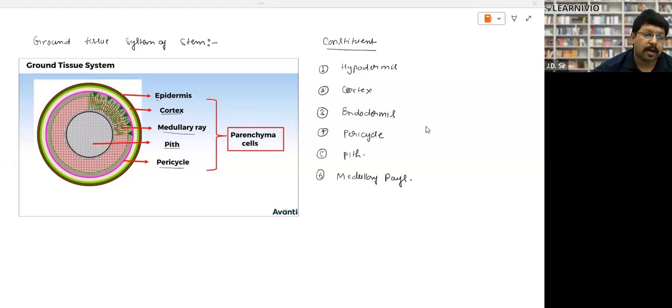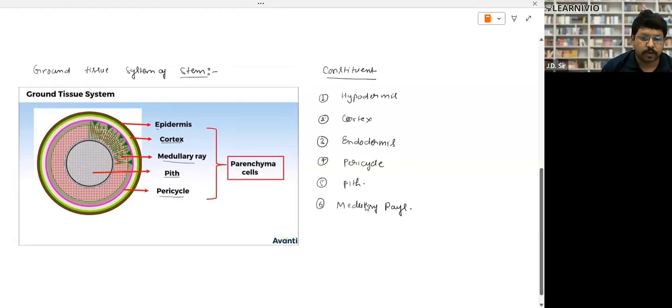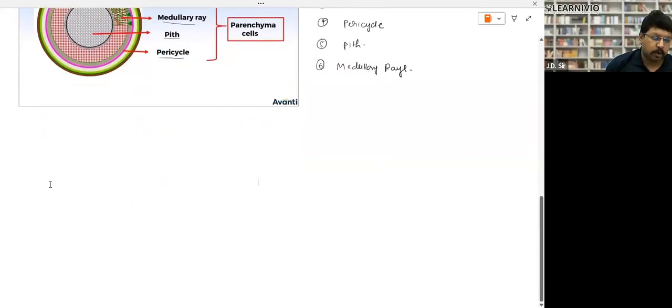These all are the parts of the ground tissue system of stem. Try to understand what exactly I'm explaining. Many parts can be there in the ground tissue of any stem, but plants are basically of two types. What? Monocot and dicot, right?